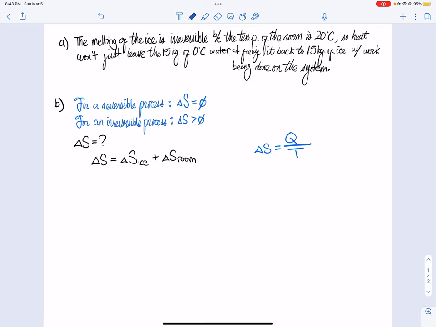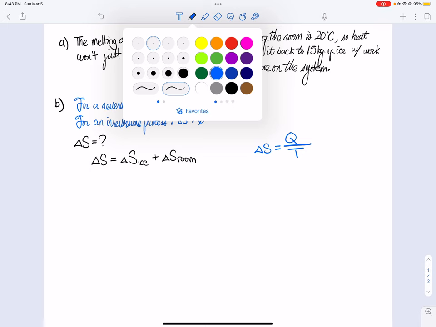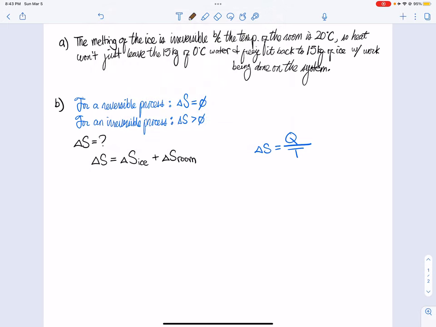So this is the change in entropy, this is the heat added to the system, and that is the temperature at which heat is added.